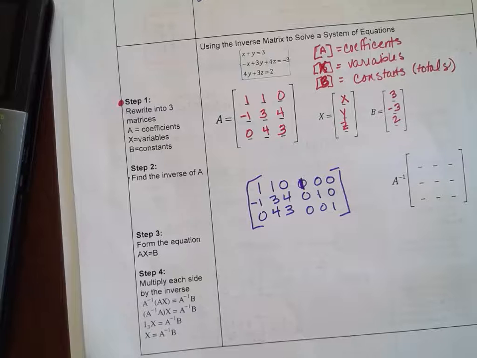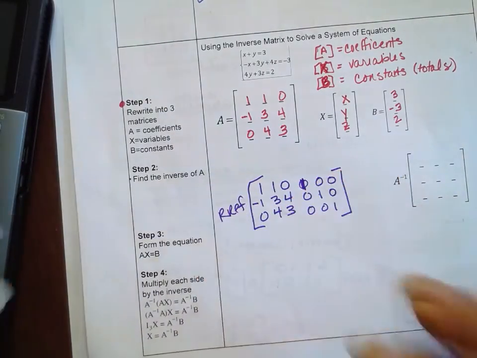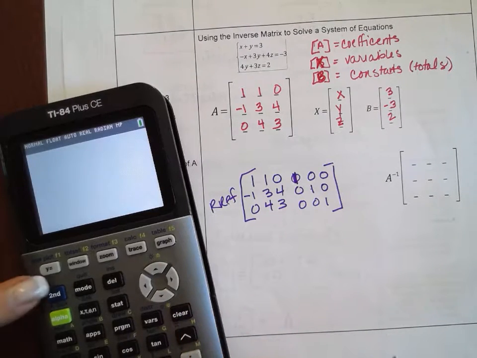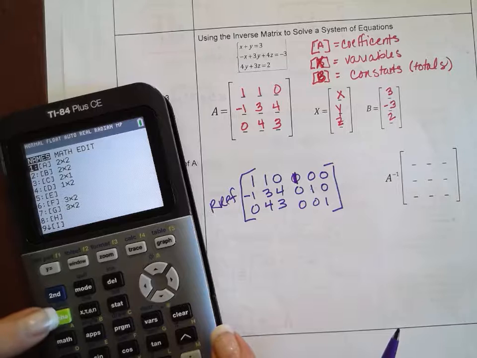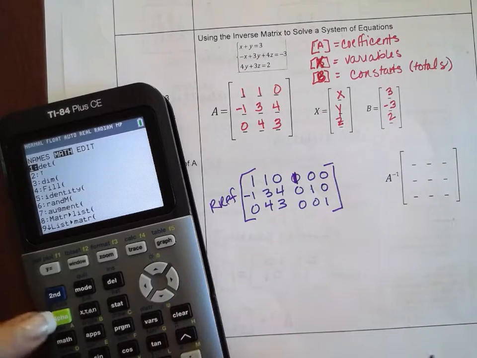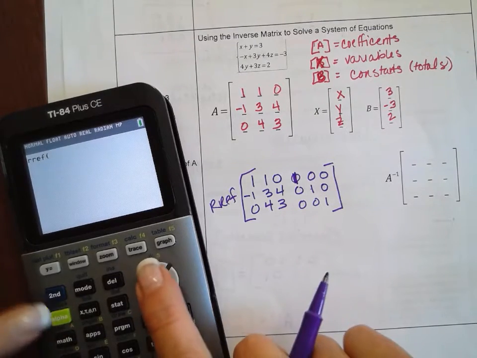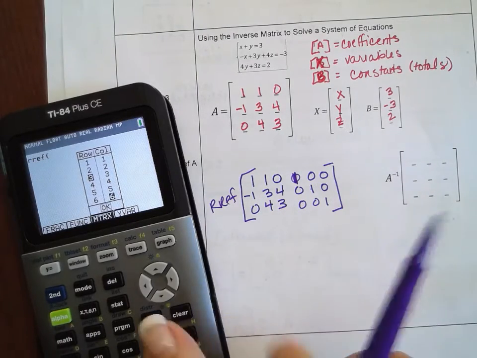What do I plug and chug in the calculator? REF. RREF. Absolutely. So I hit my matrix and alpha B. Oops, go to math, alpha B. And then my matrix is going to be a 3 by 6.